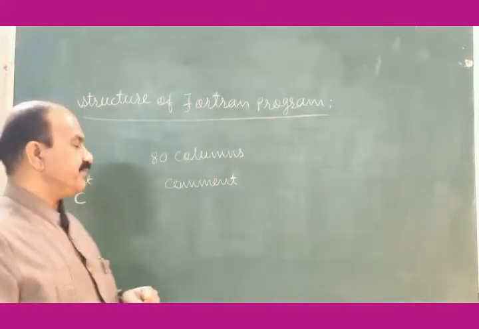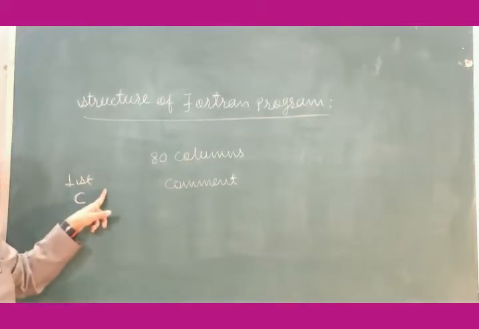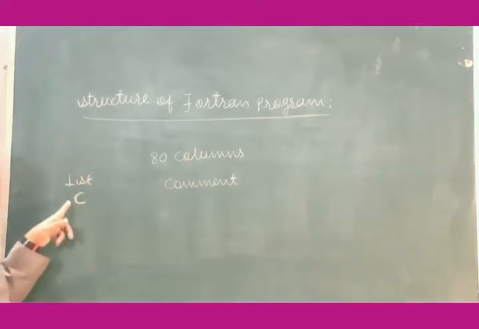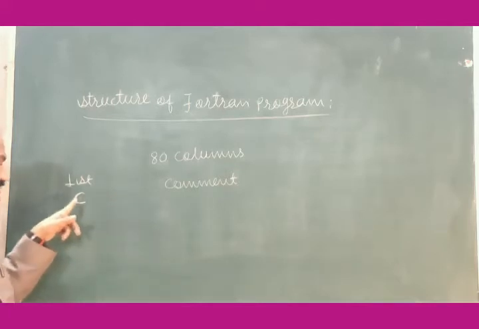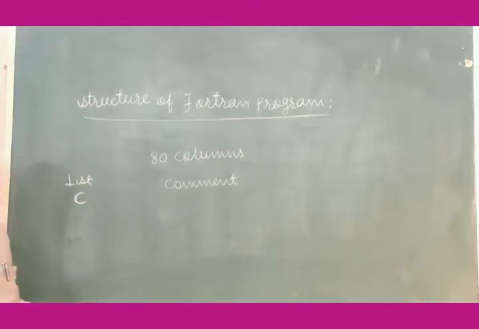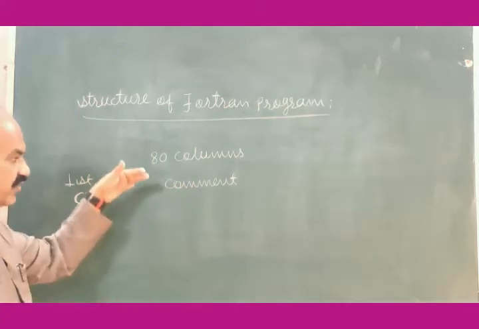Okay. Then, whenever you start writing the program, the first column, if I want to write a comment, should have the character C. After writing a comment in one line, now I want to actually start the Fortran programming.